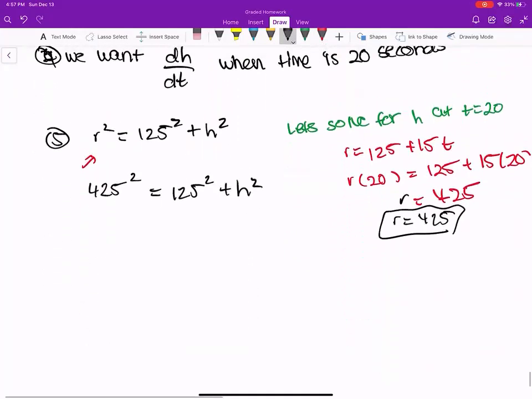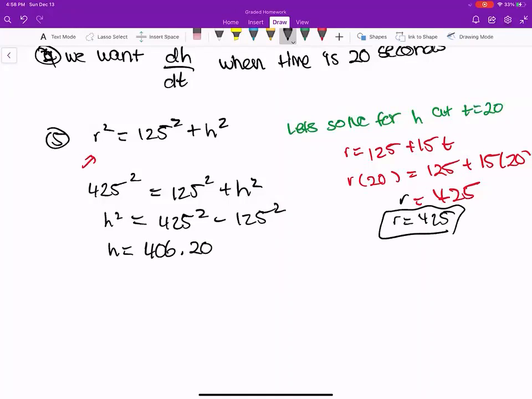I already did this on my sheet, so I'm just going to write the value. You should get h equals 406.20. If you guys want to verify that, you get that as your expression.